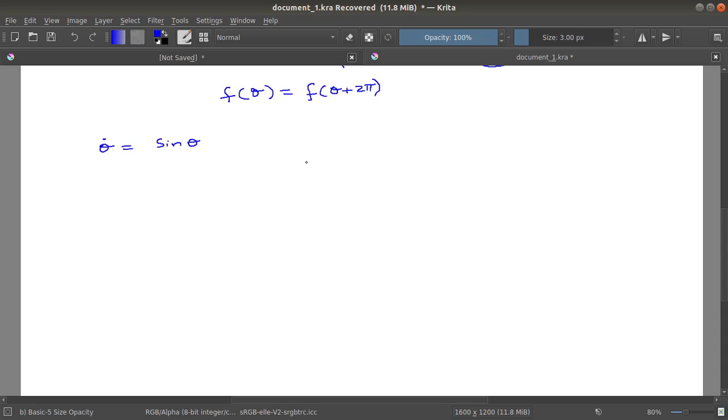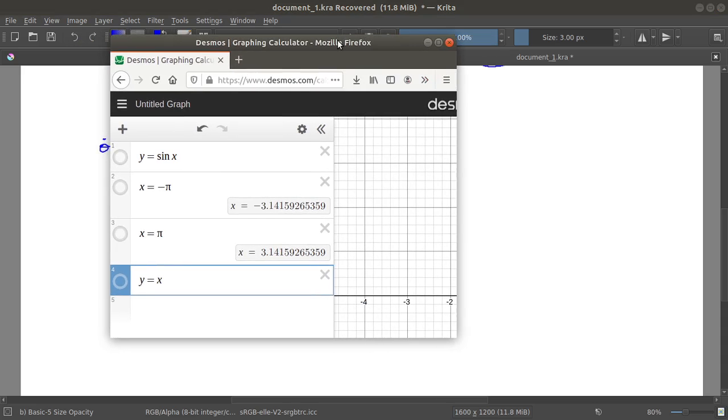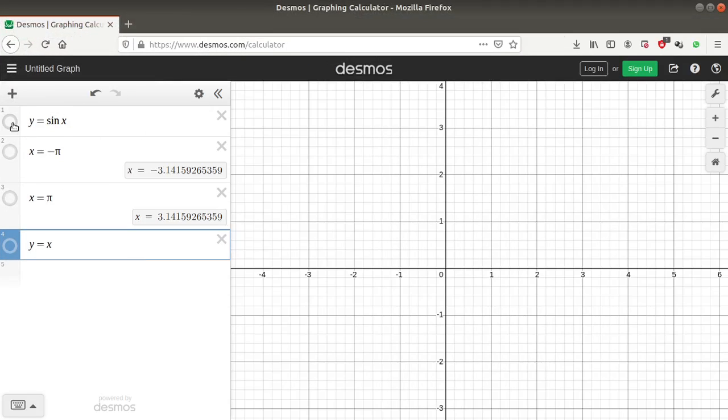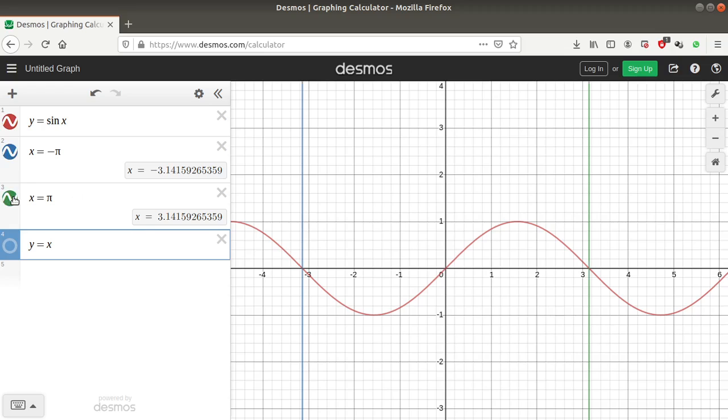If we sketch this, let's plot it. If we plot this function theta dot equal to sine theta, we just limit our window to this range, let's say from minus pi to pi.